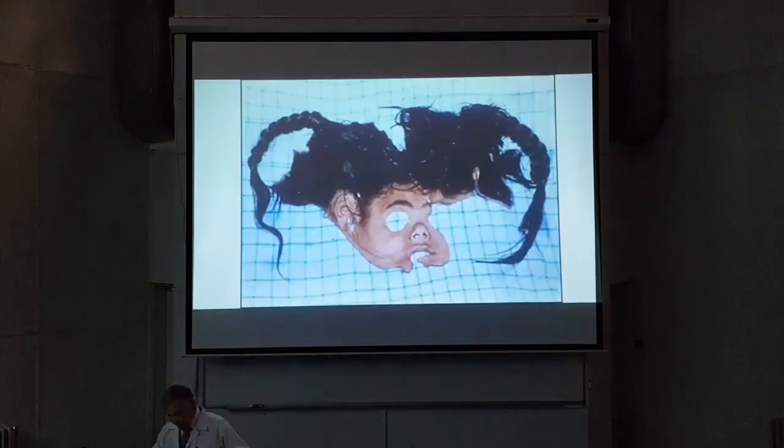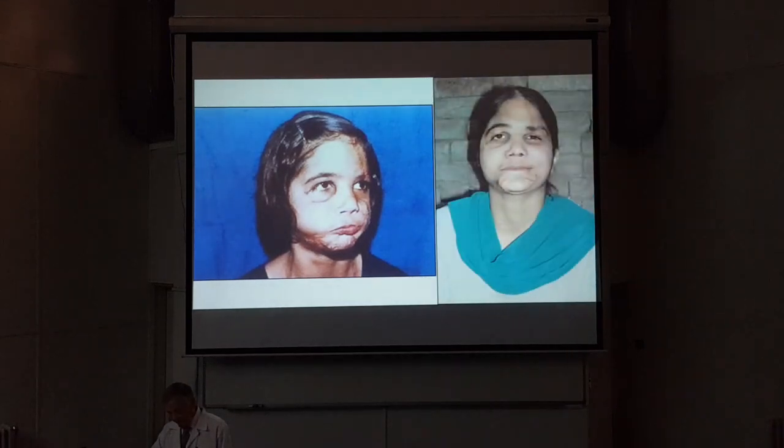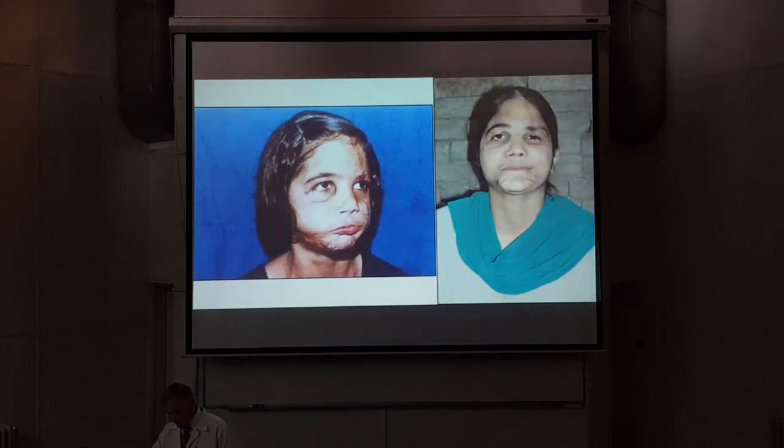So the rotating machine pulled her face and scalp. She was taken to hospital, and things are put in place. Whoever put this in place had a very good knowledge of his anatomy. And this is a few years later.